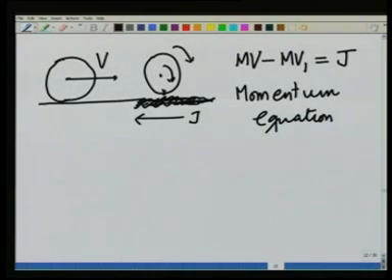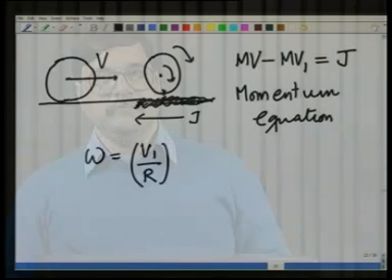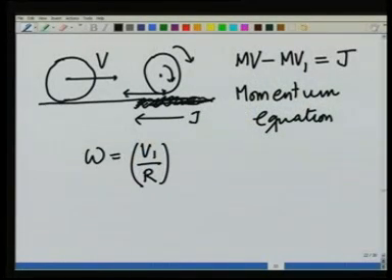Not only that, if it is rolling, then it should also be rotating about the center of mass with the speed v1 over r, and therefore, it has gained an angular momentum about the center of mass. Where does this angular momentum come from? That angular momentum comes from the impulse that it got here.